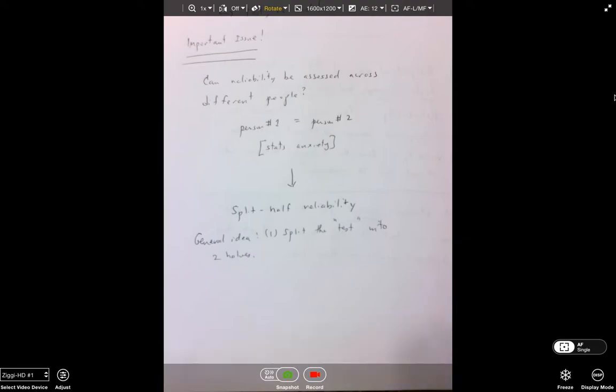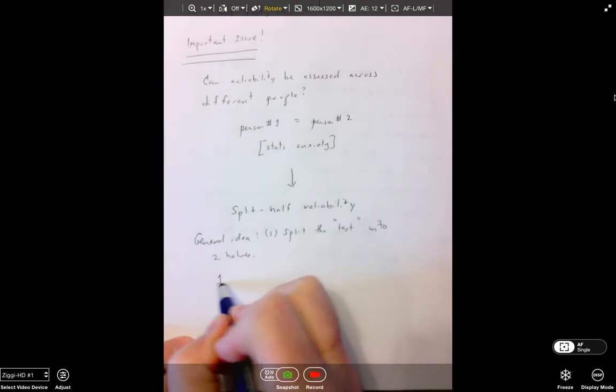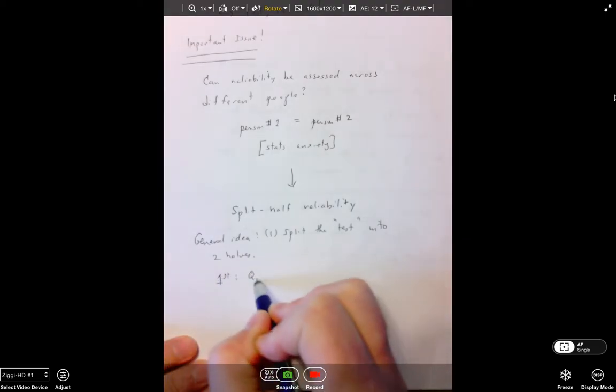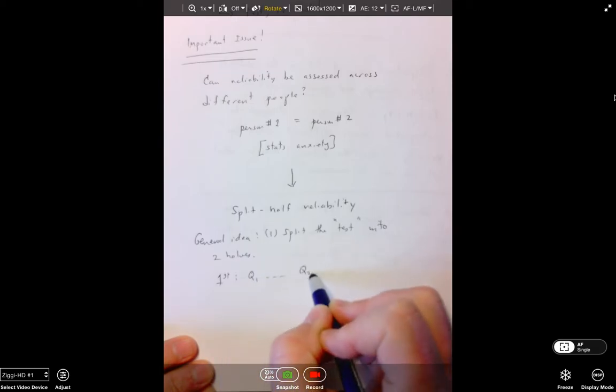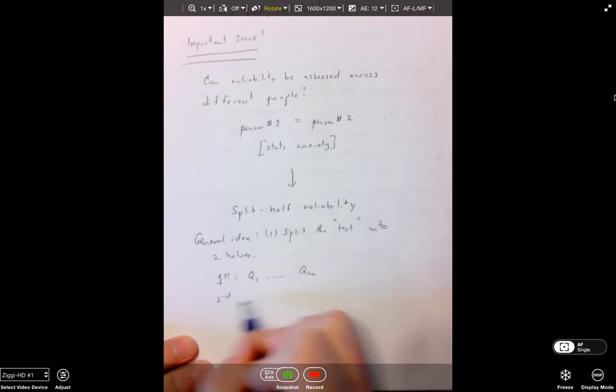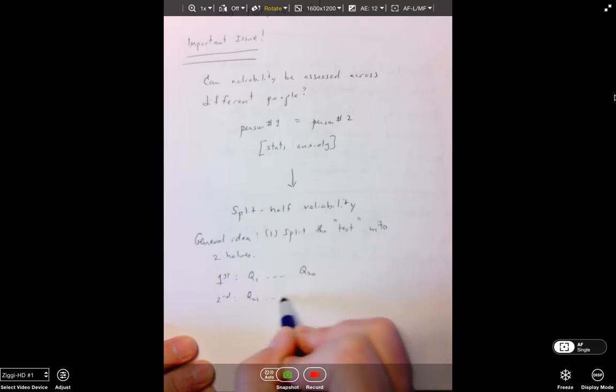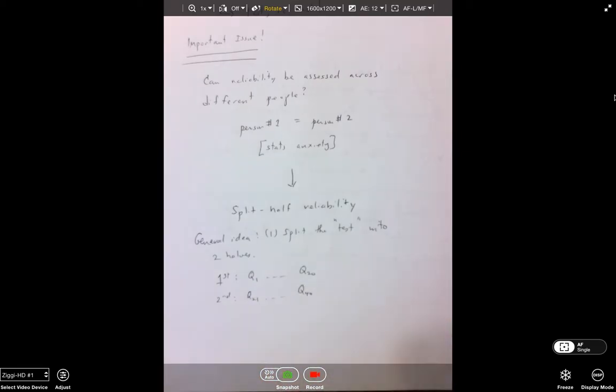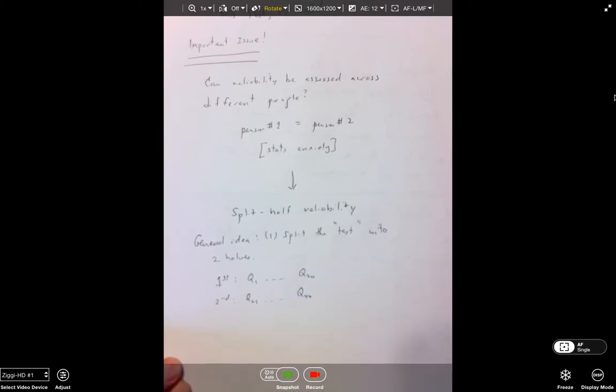One way we may do that is the first half, we're going to have questions 1 through, say, question 20. And the second half, we could do question 21 through question 40. So assuming we have a 40-question instrument, we may end up splitting the test into two halves like this.